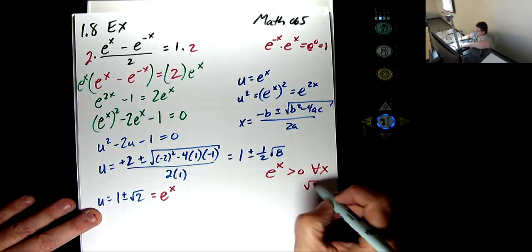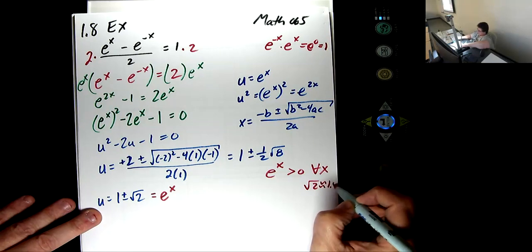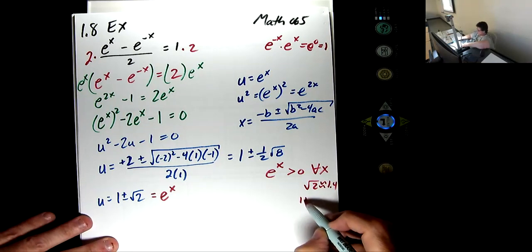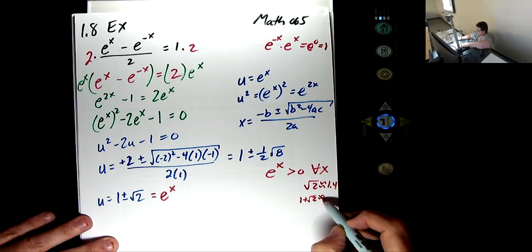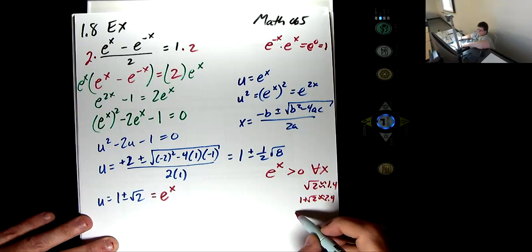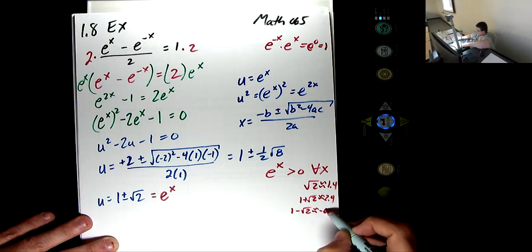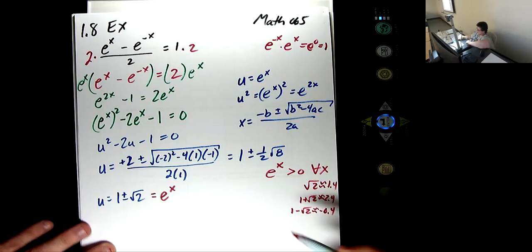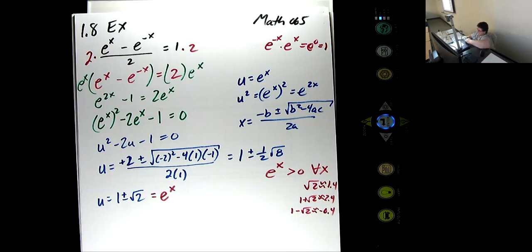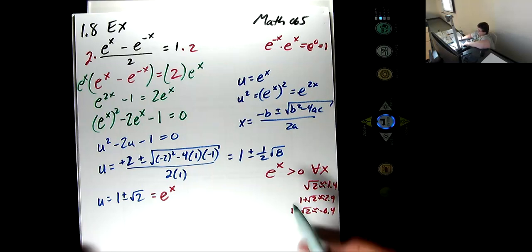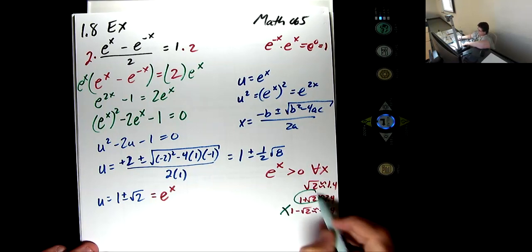Square root of 2 is about 1.4. So 1 plus square root of 2 is about 2.4. 1 minus square root of 2 is about negative 0.4. So the minus one is out. We don't want that one. So we're only going to use that one.